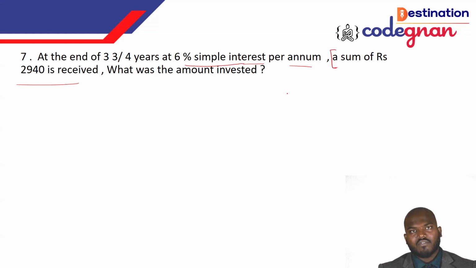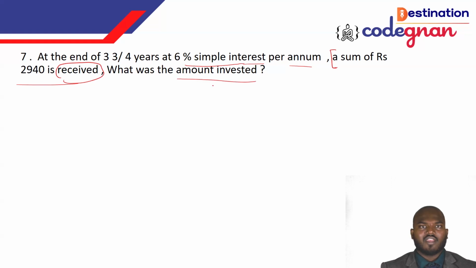I told you wherever the sum is there, it is indicating the principal, but you see the word called is received. The sum is always invested, it is not received. Okay, so here what was the amount invested they're asking. They are twisting that thing to make you trap, but actually this is called amount only. The total amount he received is equal to 2940.